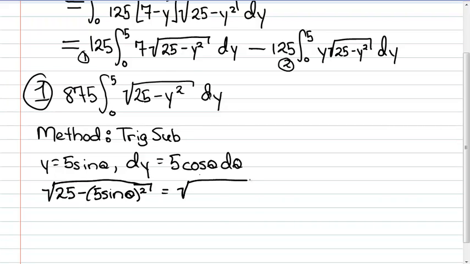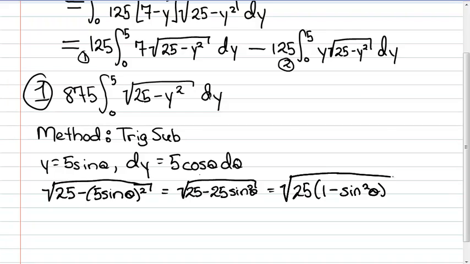When we evaluate that, it's going to look like this. We're going to factor out the 25 to have it look like a trig identity that I think we're all familiar with. We know that 1 minus sine squared theta is equal to cosine squared theta. If we take the square root of this, we're going to end up with 5 cosine theta.